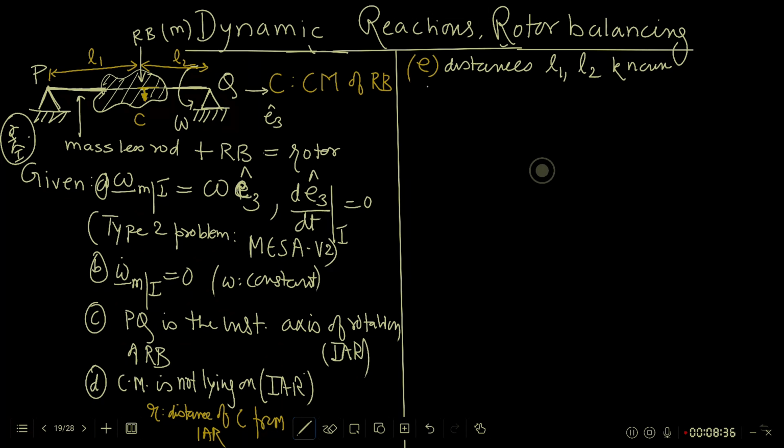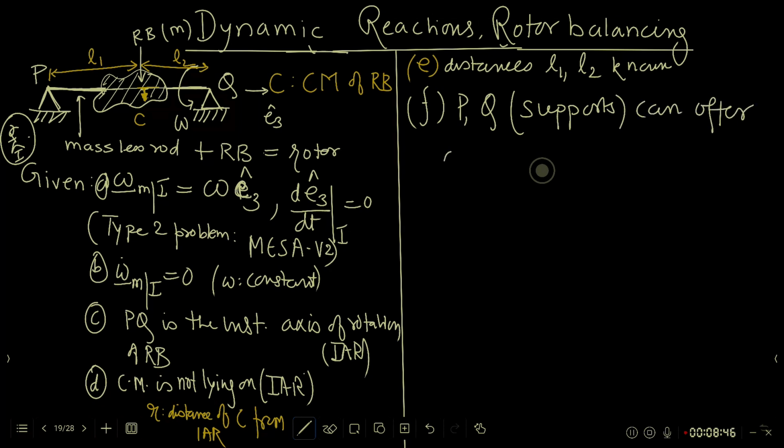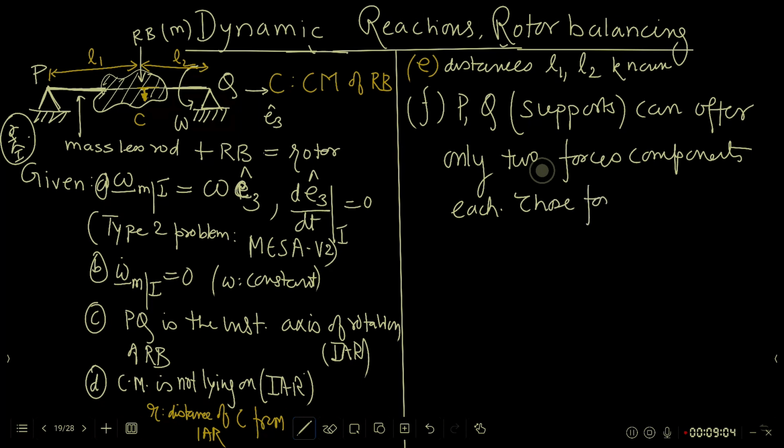It's also given that P and Q, which are supports, can offer only two force components each. And those force components are not along IAR.